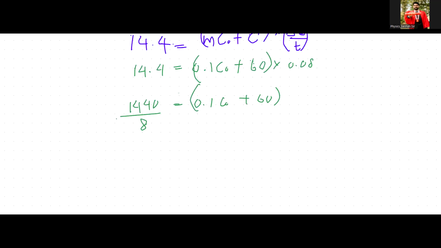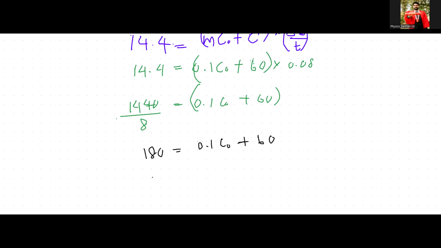Look at this one very carefully. This is 180, which is equal to 0.1 times C naught plus 60. Take that 60 to the other side, so 120. Then 120 is equal to 0.1 times C naught.